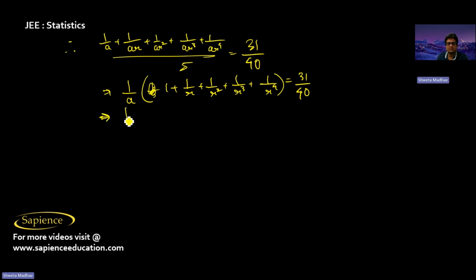Now, if you take the sum, this will be 1 by a into 1 minus r power 5. Here the common ratio is 1 by r, so it is power 5, divided by 1 minus 1 by r. That is equal to 31 by 40.